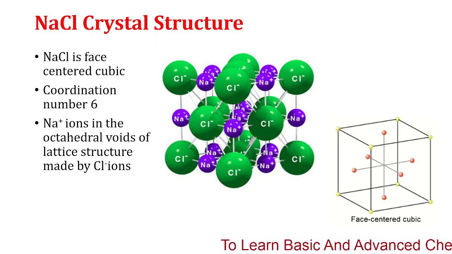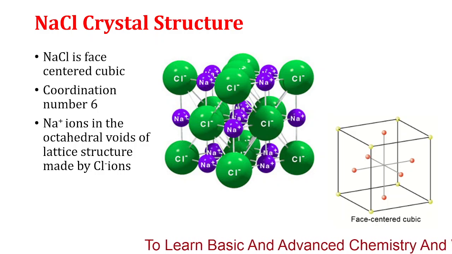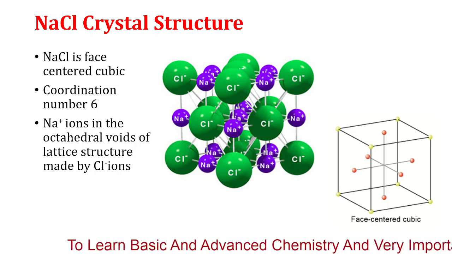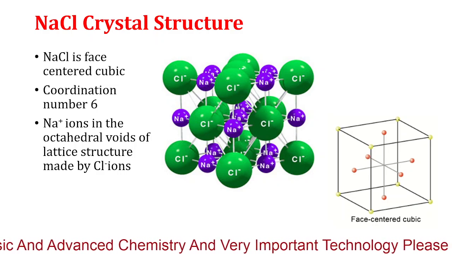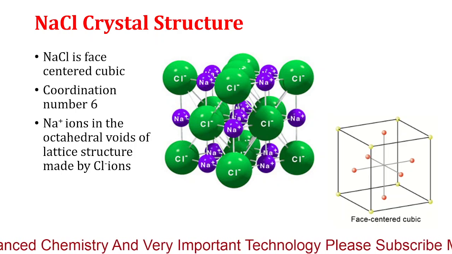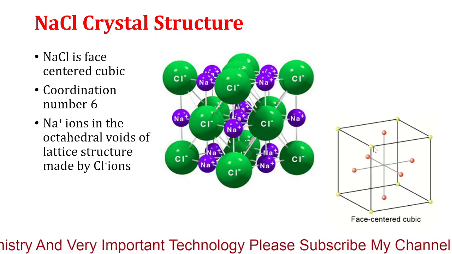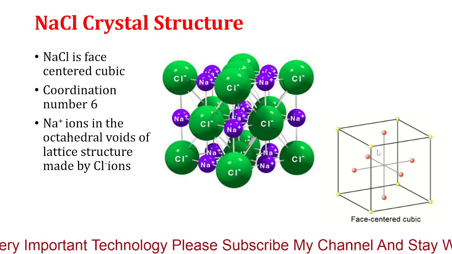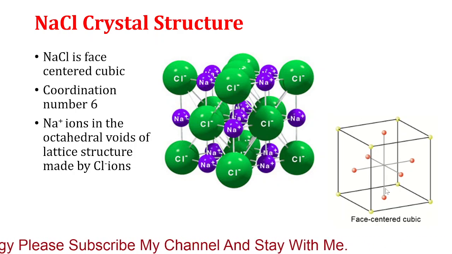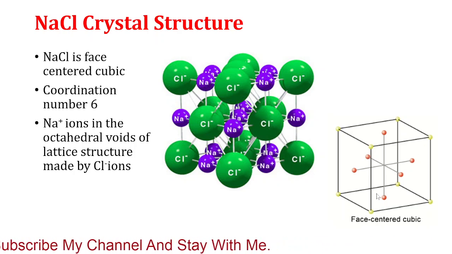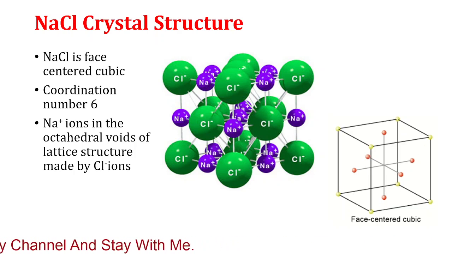If you put 6 sodium atoms at the center of each surface, that would be the structure for sodium chloride. So we have 8 chloride ions at the corners of the box, and if we put 6 sodium atoms at the surfaces, we have the structure for sodium chloride.